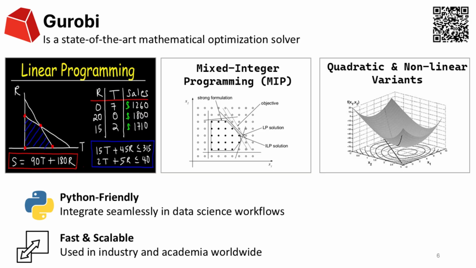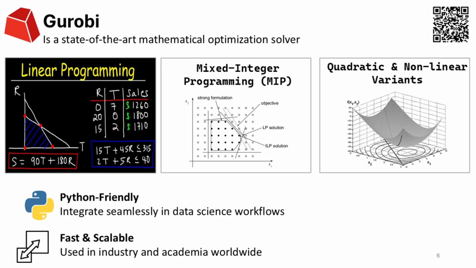Second is mixed integer programming, which is essential when your decisions involve whole numbers, such as deciding how many full vehicles to send on a route. Finally, it handles complex quadratic and nonlinear variants used in advanced engineering. Most importantly for us, Gurobi is very friendly to use with the Python programming language. This allows us to integrate powerful optimization directly into our modern data science workflows without needing to switch between different software tools.